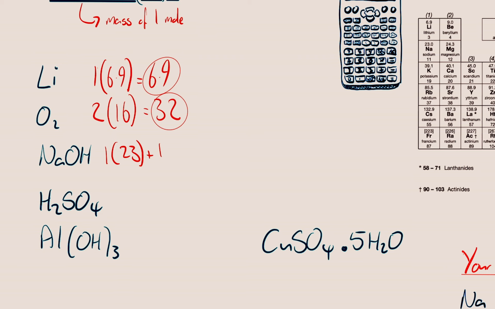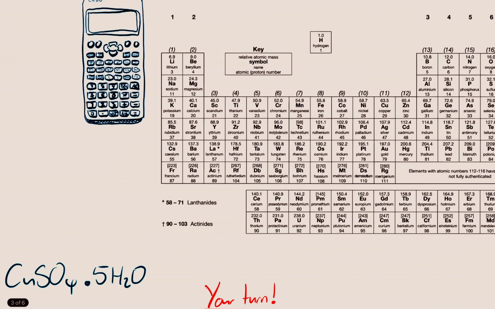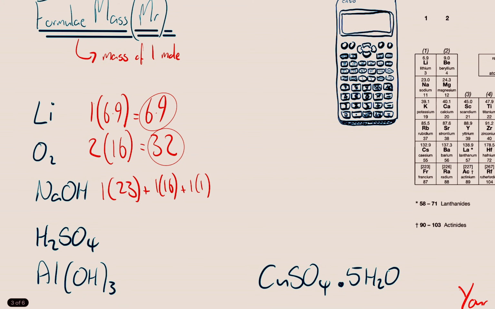We've got 1 lot of oxygen plus 1 lot of hydrogen, which is 1, as you can see up here. And again, we put that into our calculator and we get to 40, a lovely round number.